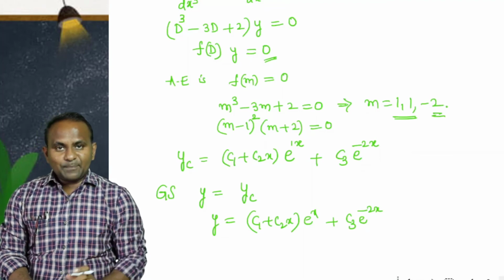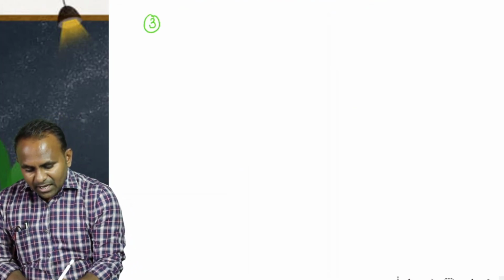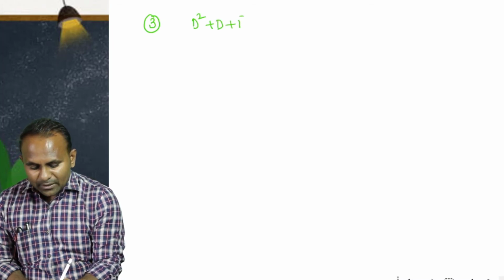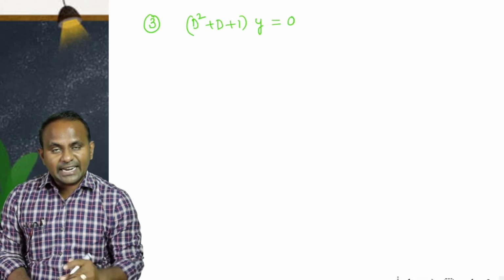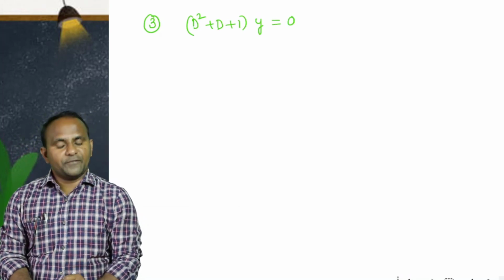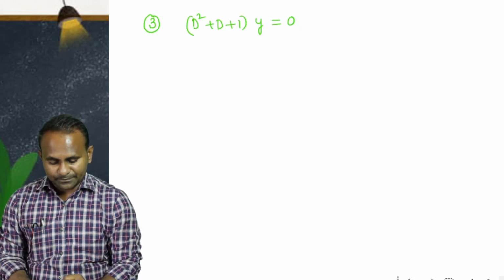We will look into another example in which you will get complex roots. I will take the differential equation (D squared plus D plus 1) of y equals 0. Of course, the differential equation has been given directly in terms of the capital D notation that we have used. Let us check for the roots of this equation.